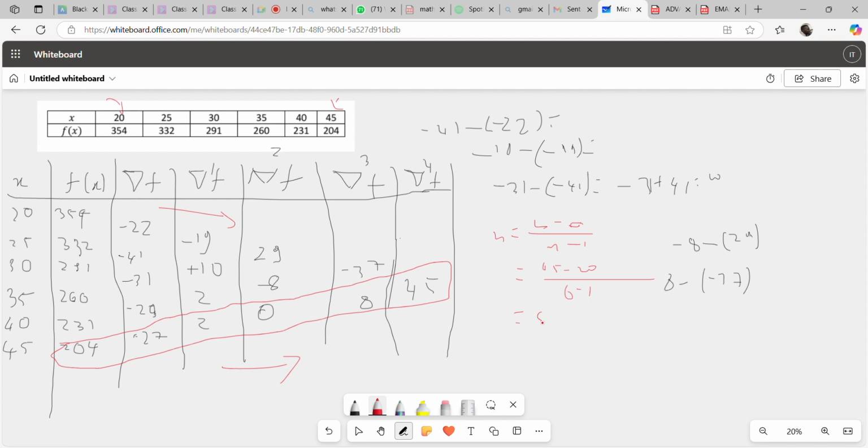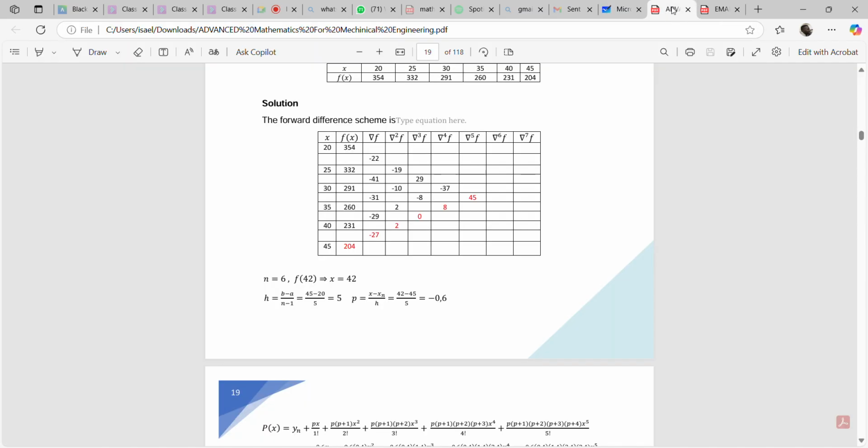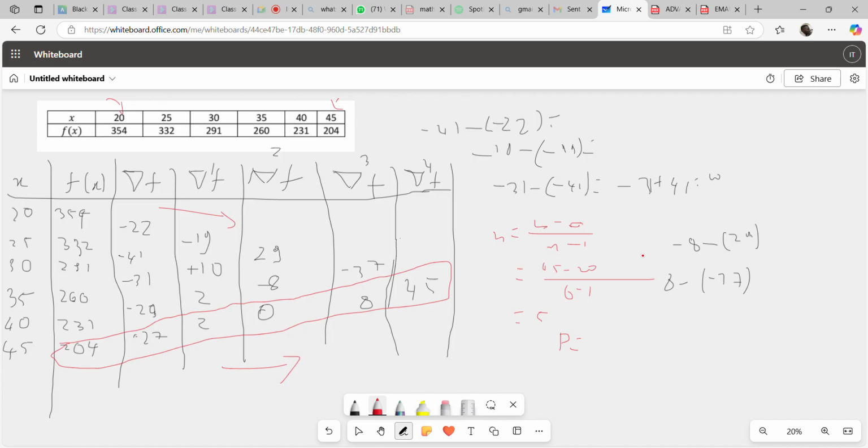Now the difference is when it comes to P. What is the formula now? I think it is X minus Xn over H. Remember, for forward it was X minus X0.